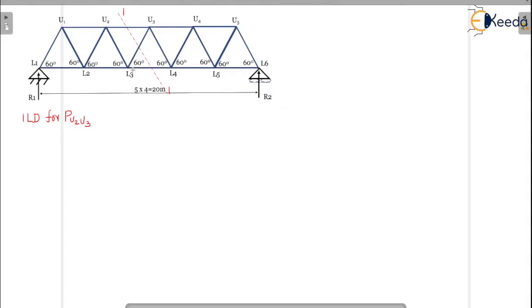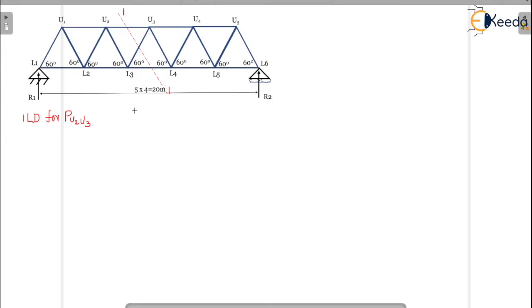When we consider moment about this point, what are the forces we can consider? If we cut this truss here, let us assume it as separate. So let us separate this.